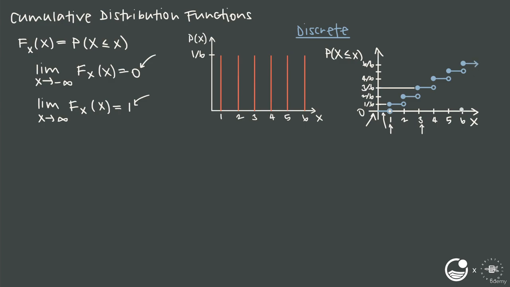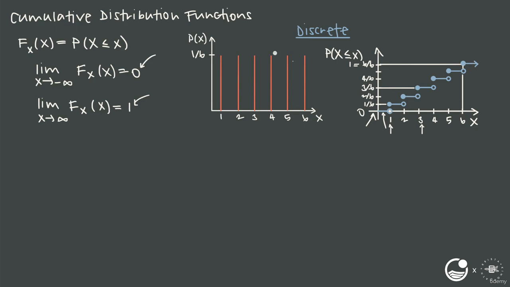And eventually we get to x equals 6 here, where we come up to the solid part of the graph, and then we come over to the vertical axis, and we can see the probability 6/6 or 1 there. This is 1. So the probability that we roll a value less than or equal to 6 is, of course, 1. So that's what the cumulative distribution function is looking like for a discrete random variable. We are adding up all of those probabilities as we go.